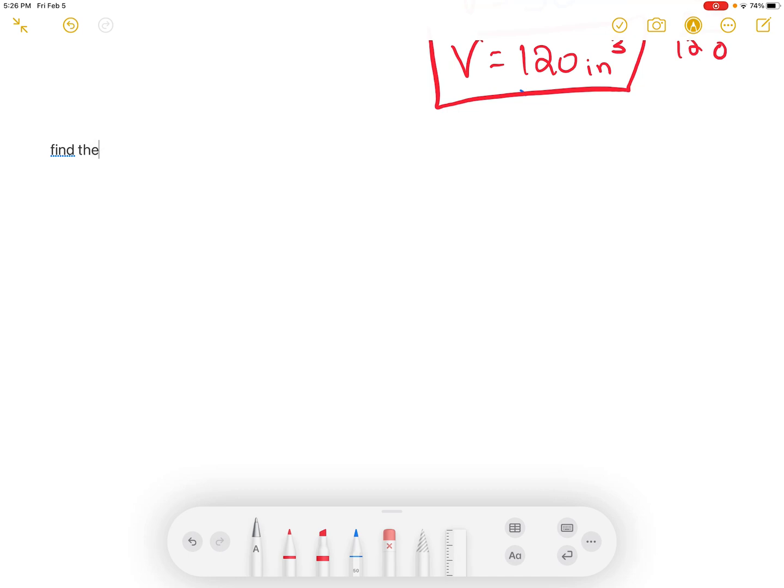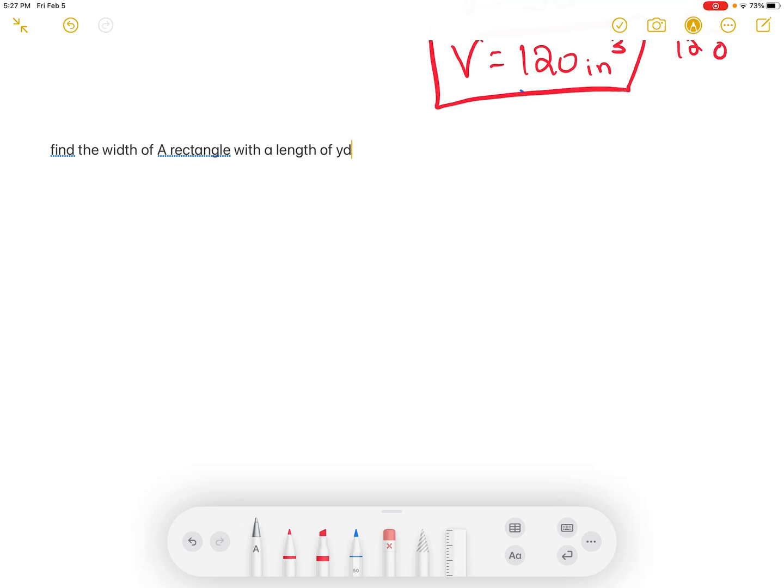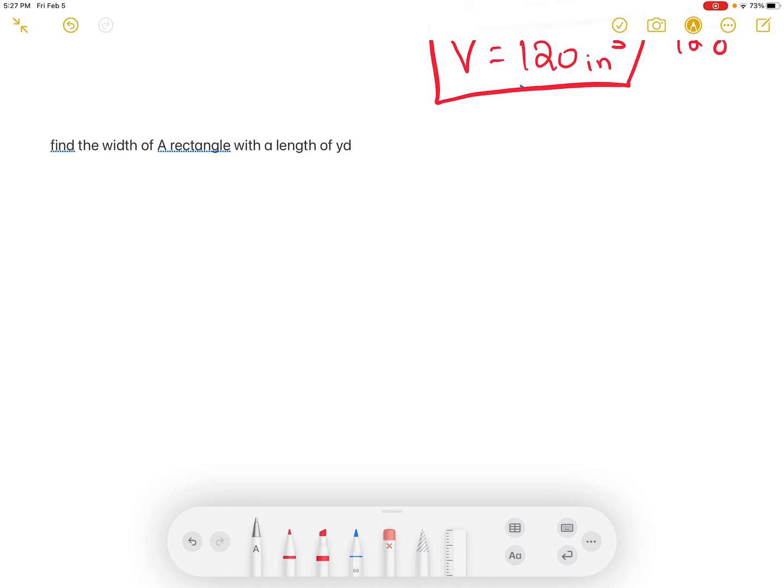Find the width of a rectangle with a length of 6 yards, not boards, but yards, and a perimeter of 18 yards.